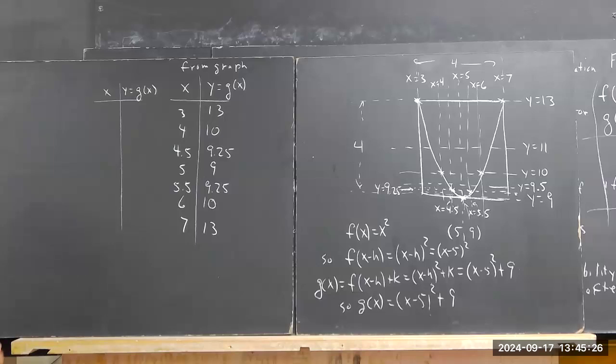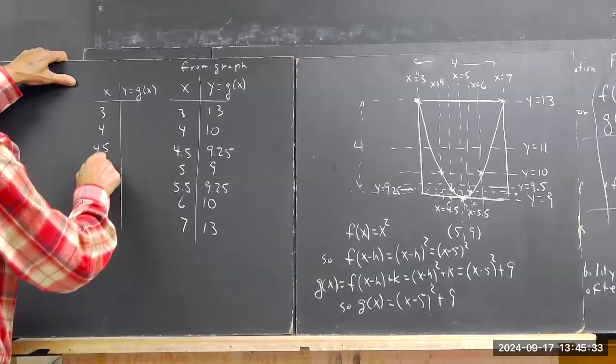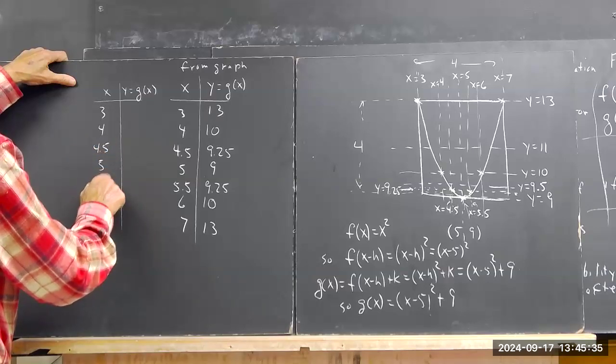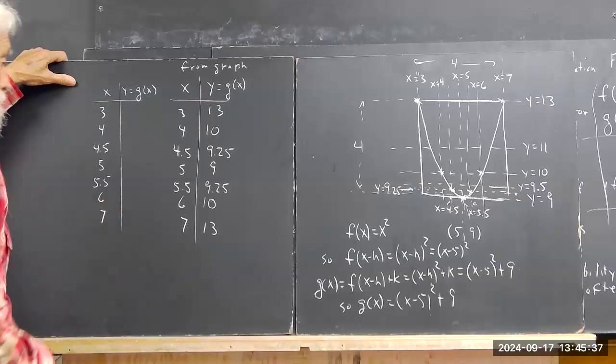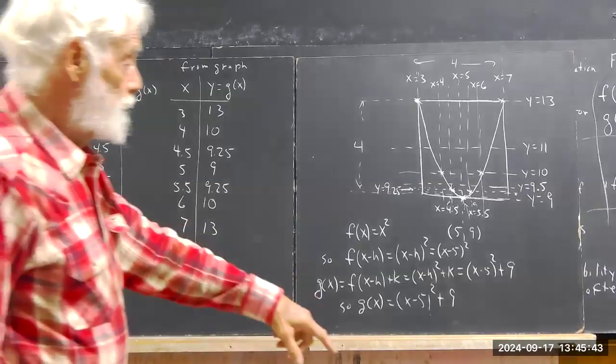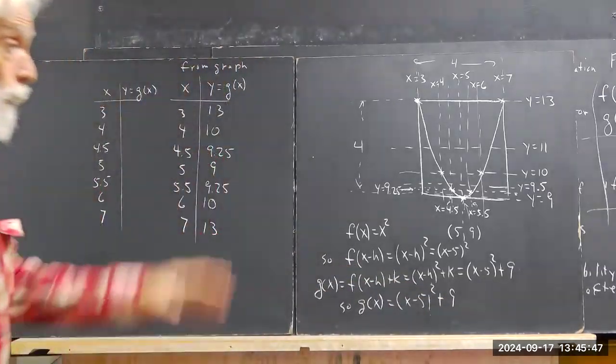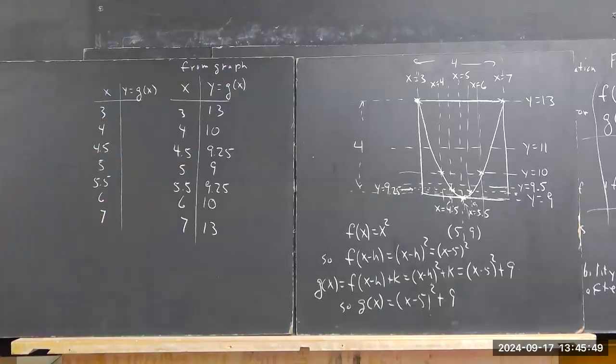Now, over here, x is going to have the same values: 3, 4, 4.5, 5, 5.5, 6, 7. Now we plug these numbers into this function, or the function you have.